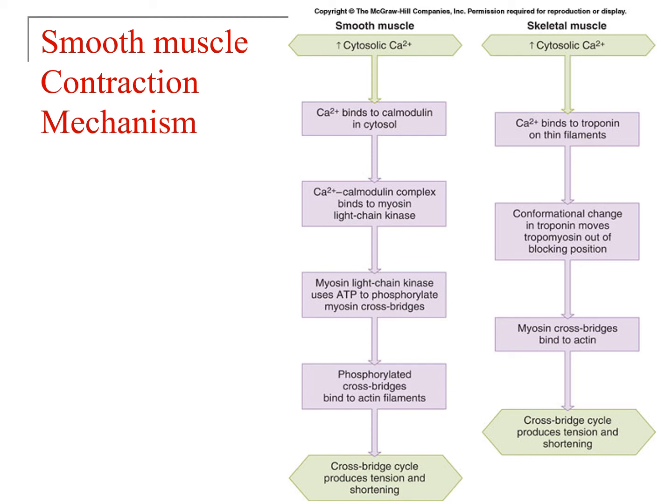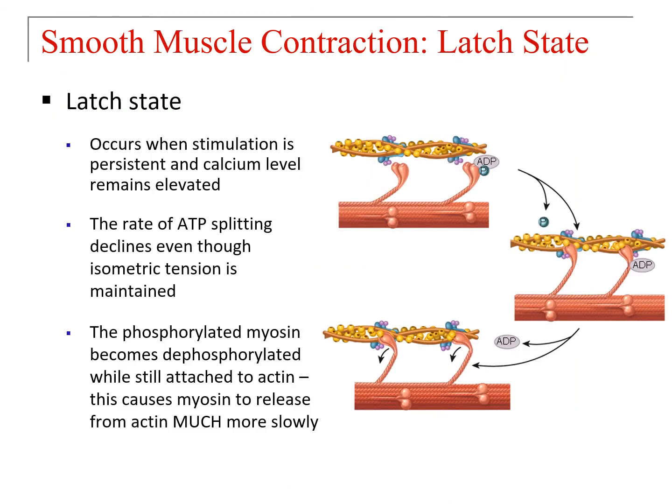Now, there is another thing that we're going to take a look at with smooth muscle contraction mechanism, and this is something that is called latch state. So this occurs when you're constantly sending stimulatory messages to smooth muscle, and therefore the calcium level within that smooth muscle stays elevated.